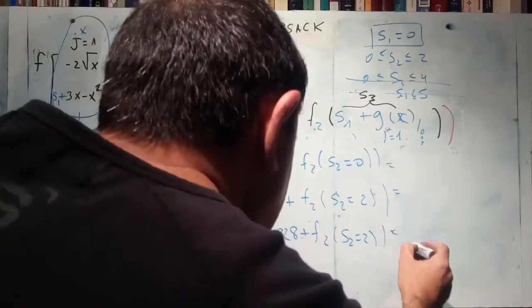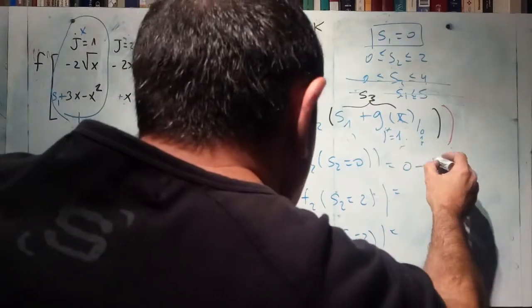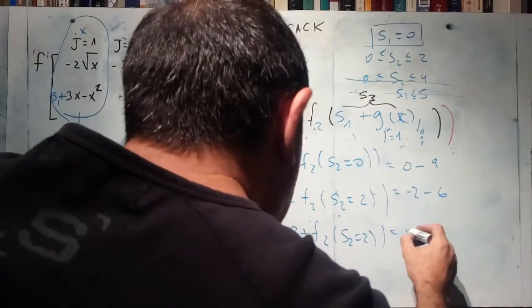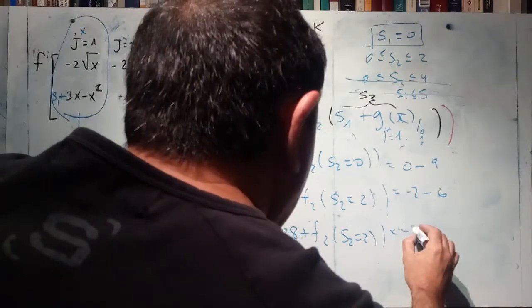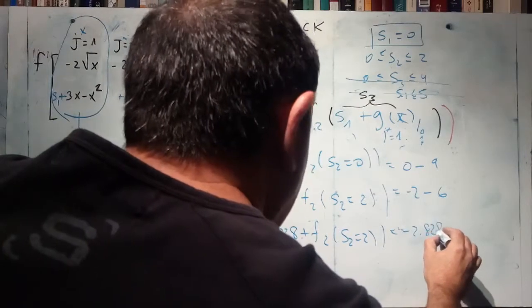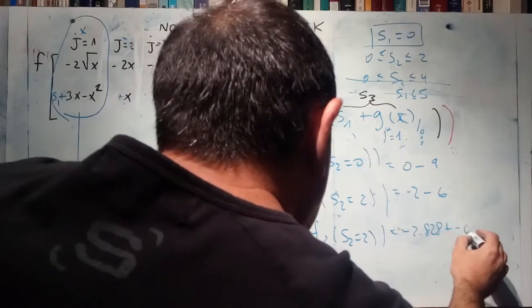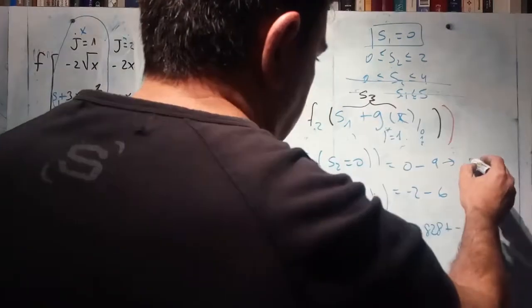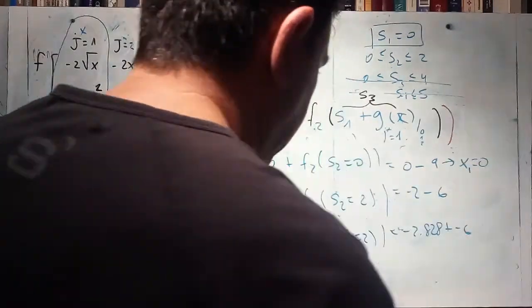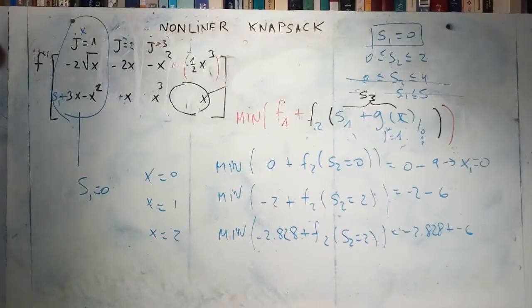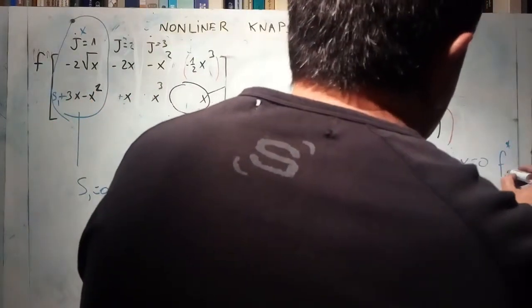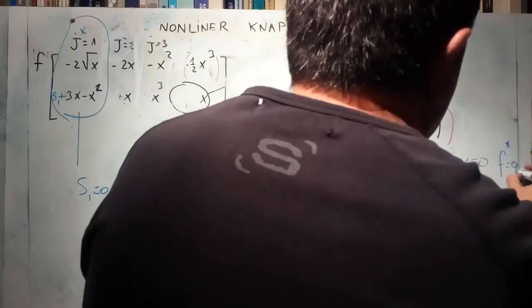So the results are 0, minus 9, minus 2, minus 6, and minus 2.828 plus minus 6. And you will see that the minimum lies for x1 being 0 and the f is minus 9. F star is minus 9.